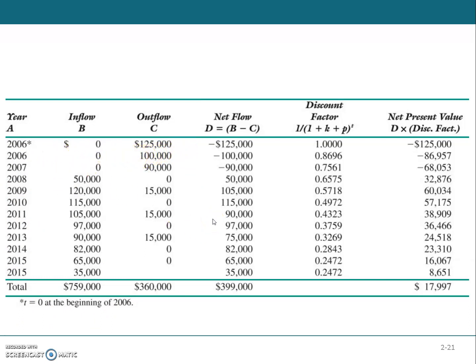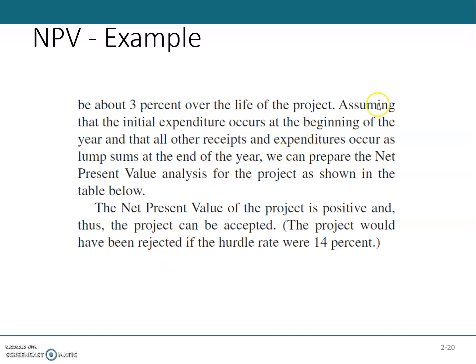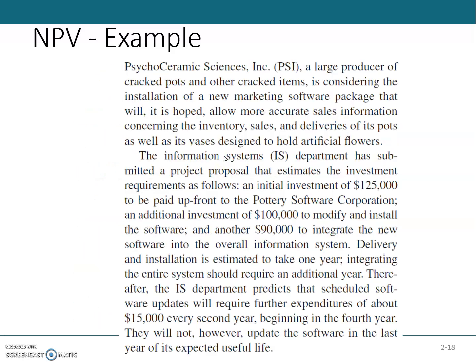Okay, so it was said before that, assuming that the initial expenditure occurs at the beginning of the year, that means if you remember, the initial investment of $125,000 is an upfront payment.